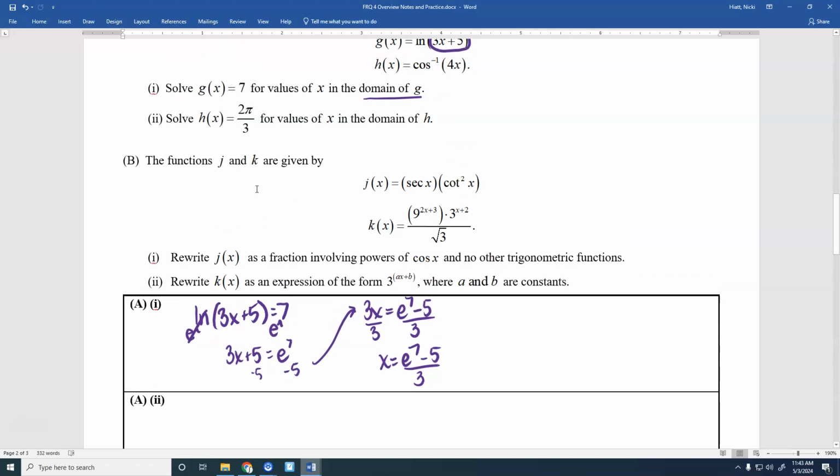Okay. Next, we got to do inverse cosine of 4x equals 2 pi over 3. The domain on this one is a little bit tricky.